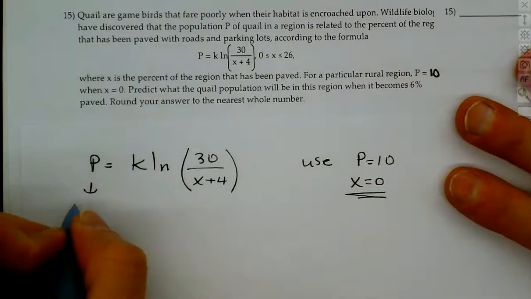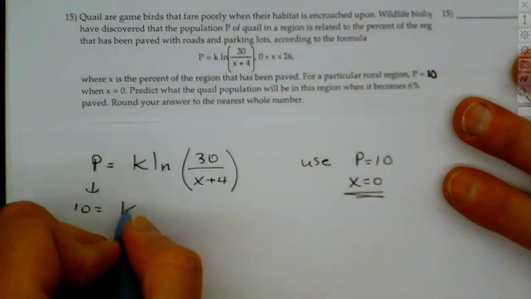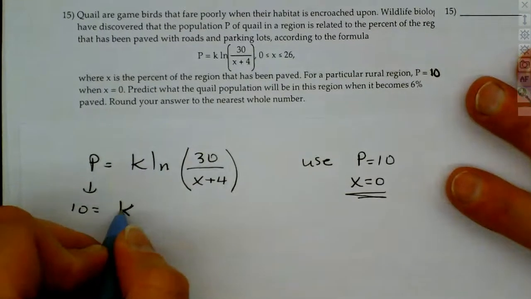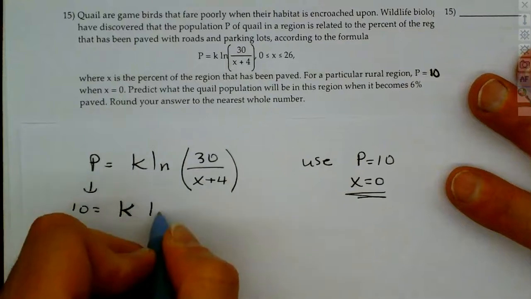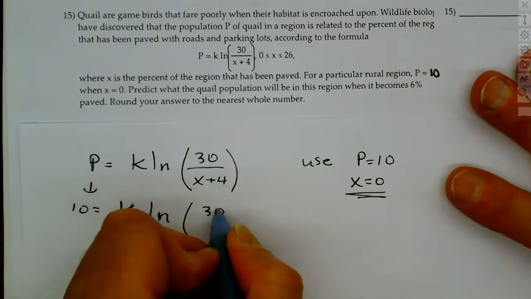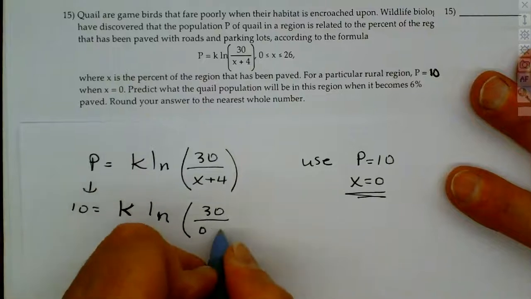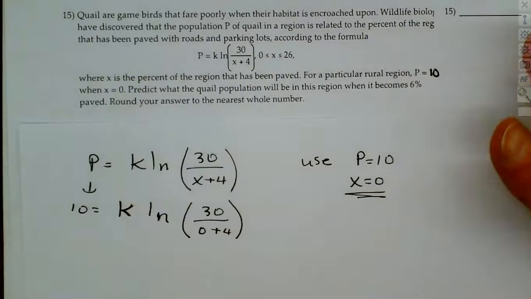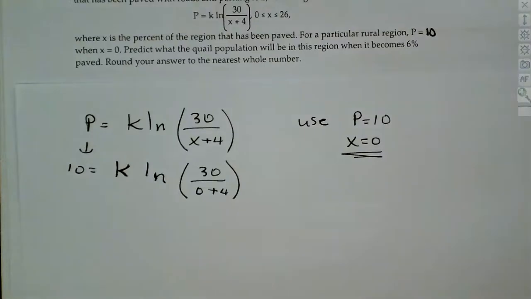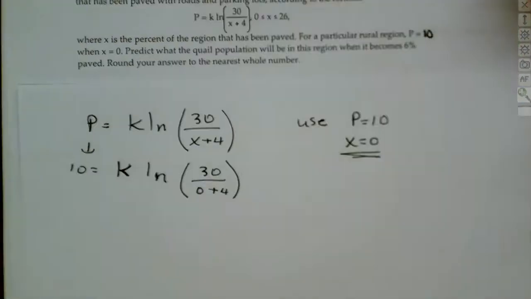So our P is 10. Plug that in. Our K we don't know; that's what we have to find, just like our constants from the variation. Then we have ln of 30 over x plus 4, and our x is 0, so that's 0 plus 4. Nothing has been paved, nothing has been done.